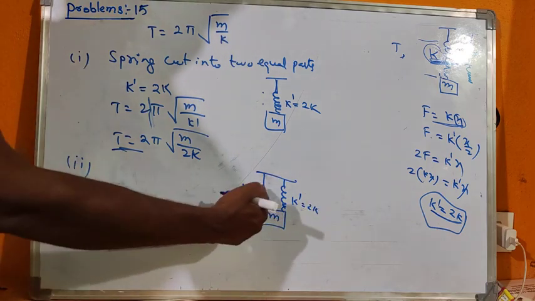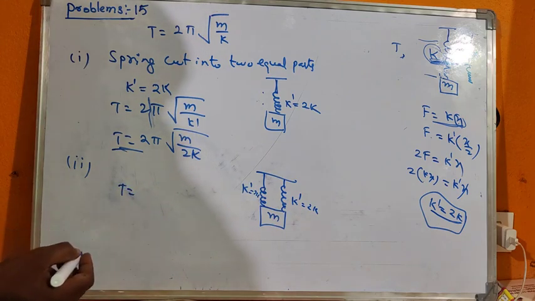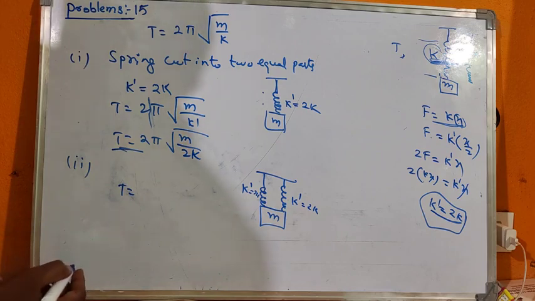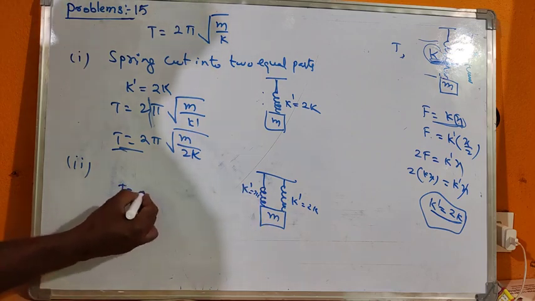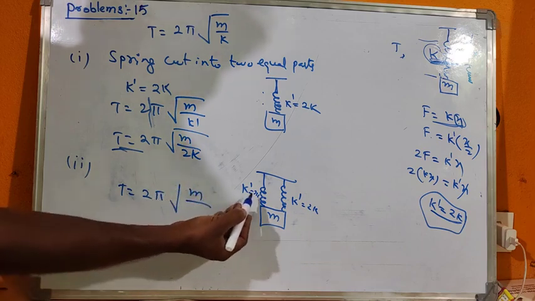Then in this case, what is the time period? So time period T is equal to 2 pi under the root of m by k. What is the k here?